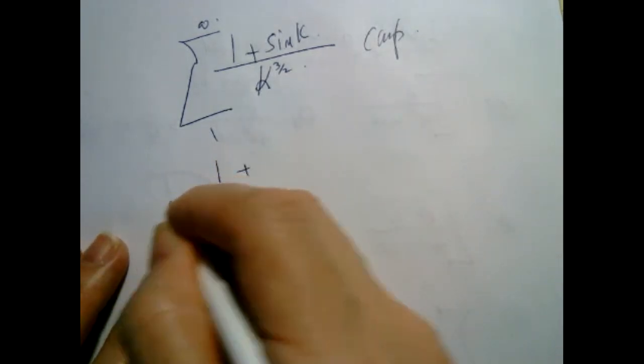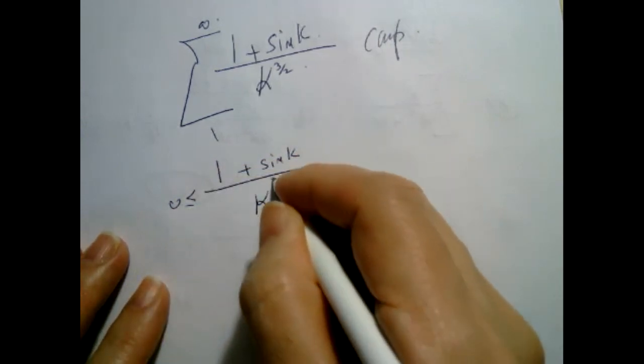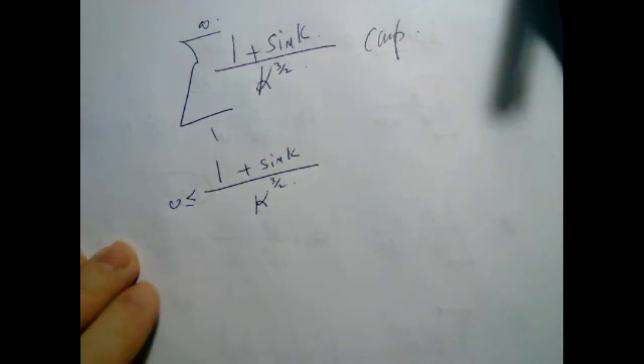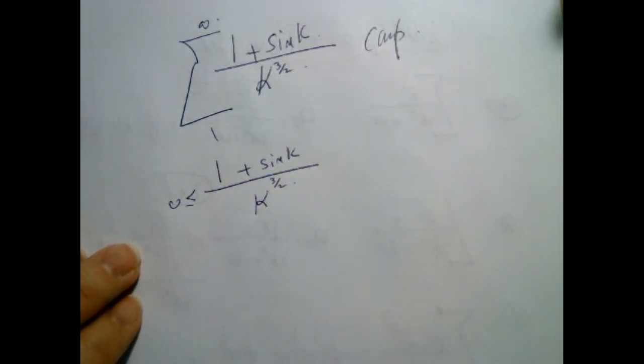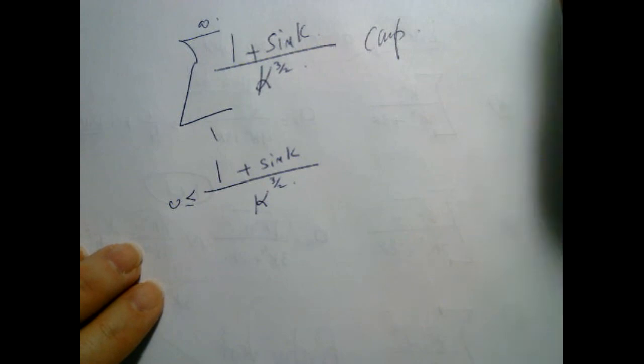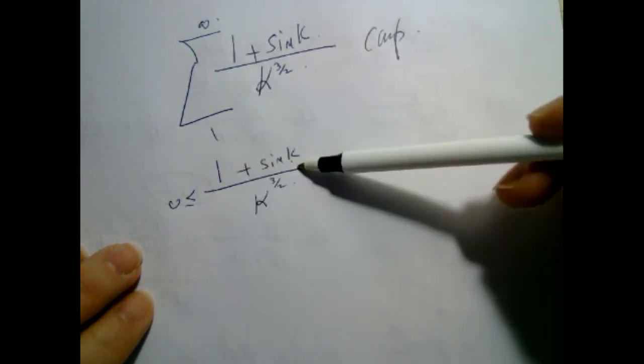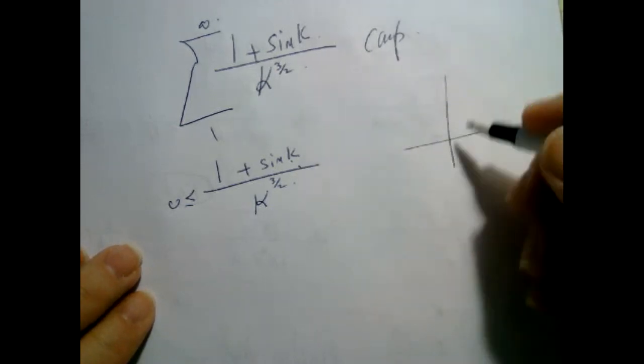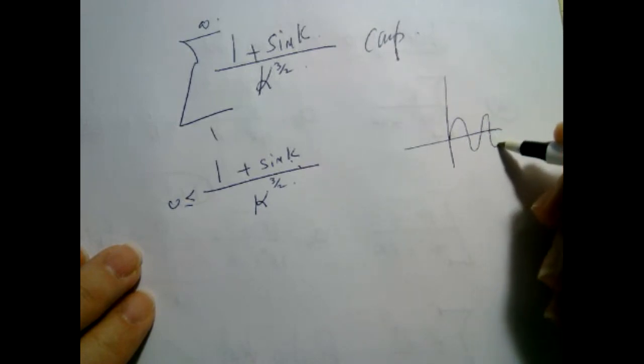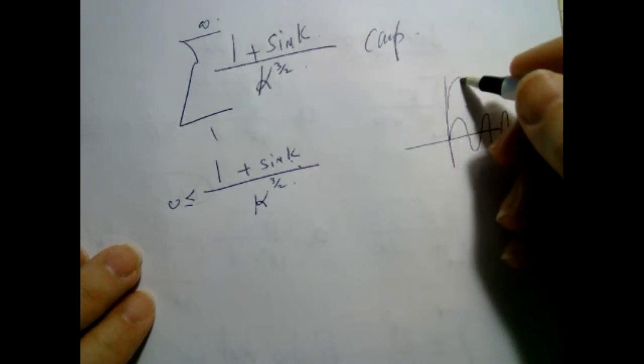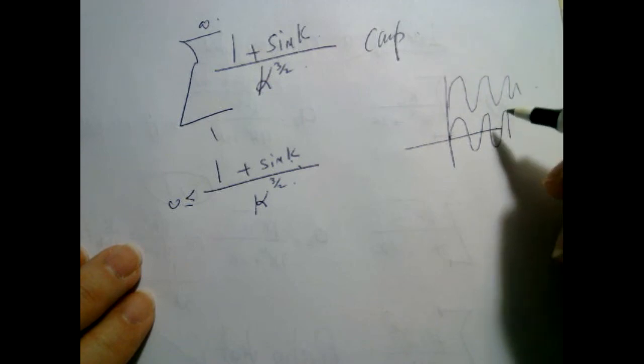First, they are positive. Am I right? Is this a series with positive terms? Because that's the only place I can use the comparison test. Yes, because even if the sine is negative, when you add 1, they'll still be positive. The smallest value sine k can take is negative 1, so when you add 1, it's always going to be positive.